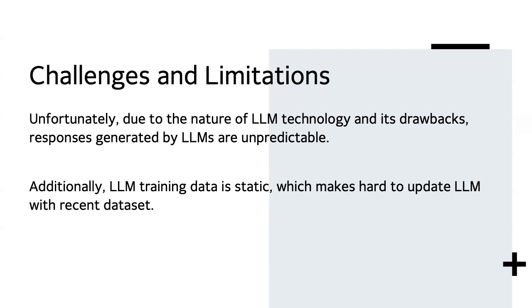Additionally, LLM training data is static, which makes it hard to update LLMs with recent data sets. When they have new data, they have to undergo the huge training process again, which takes too much computational cost. So it's kind of redundant. So LLMs remain static.